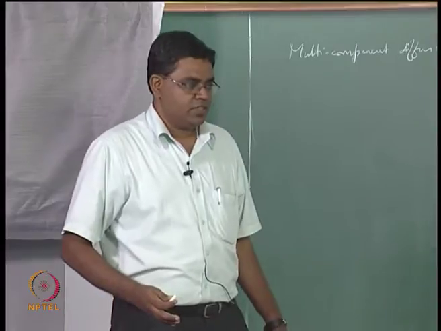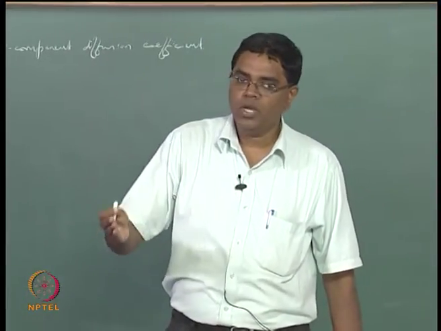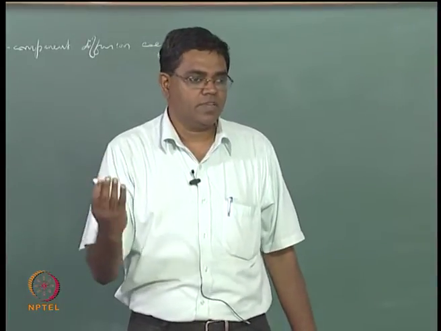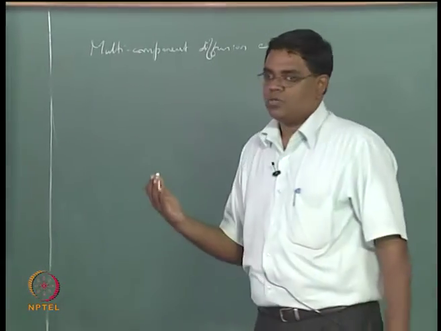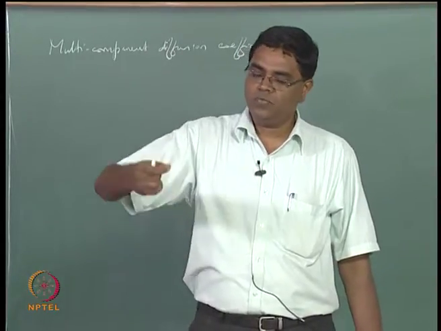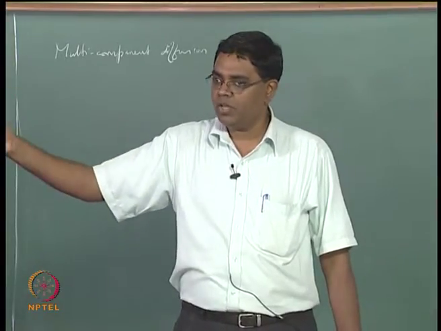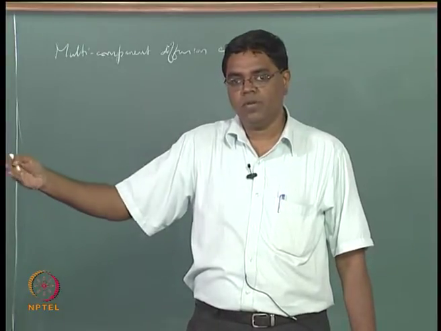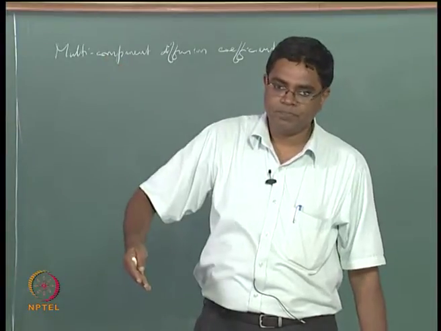But the question is, if we had a truly multi-component mixture, could we even think about something like a Fick's law, something as simple as a Fick's law, right. And for this the binary diffusion coefficient is going to be a bit painful to deal with, because we are now saying that you have to have a DAB times gradient YA, DBC times gradient YB and so on, and these binary diffusion coefficients are not going to be the same, right.